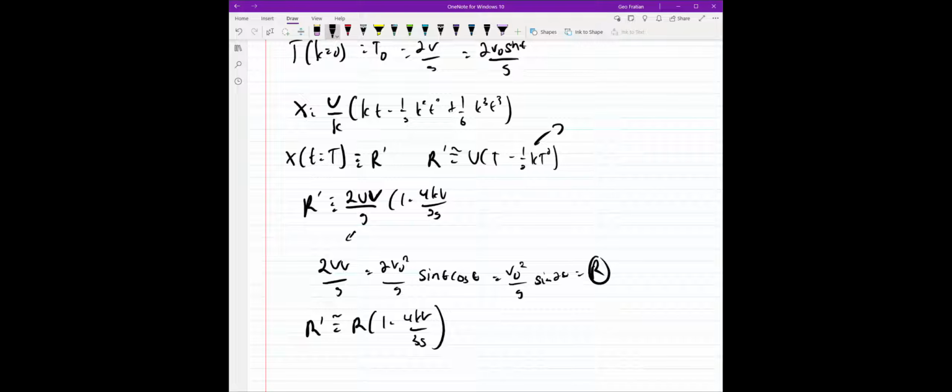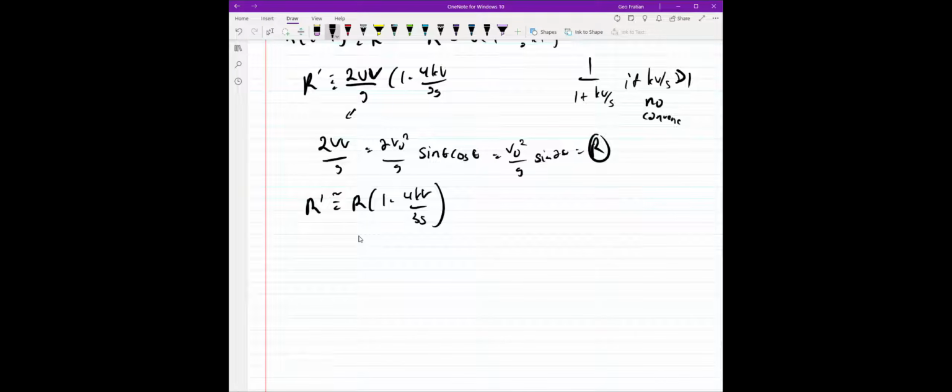So what we want to do now is analyze it, and we know that our expansion in 2.48, which was 1 over 1 plus kv over g, does not converge if kv over g is greater than or equal to 1, because you need this to be smaller than 1, because of that Taylor series expansion. So that immediately tells us that k has to be less than g over v, right?